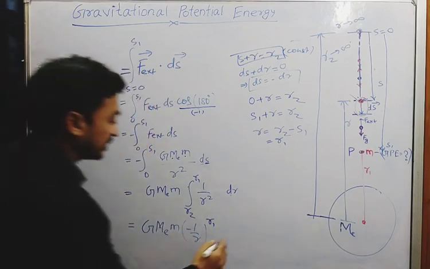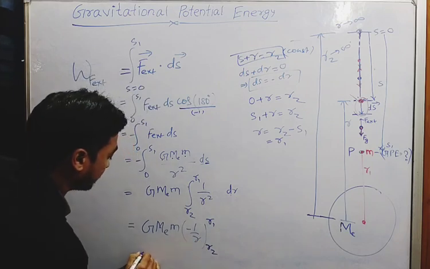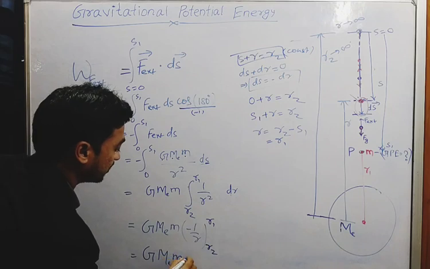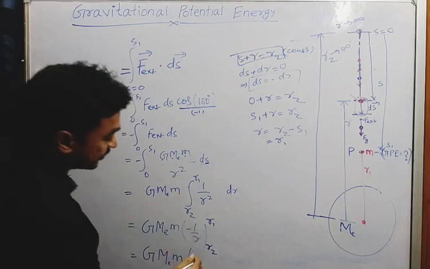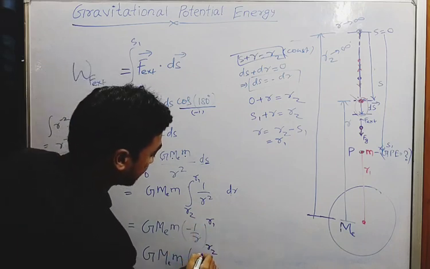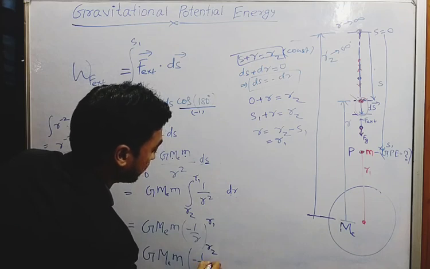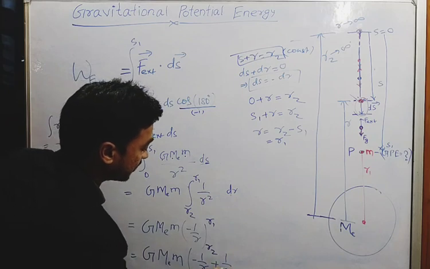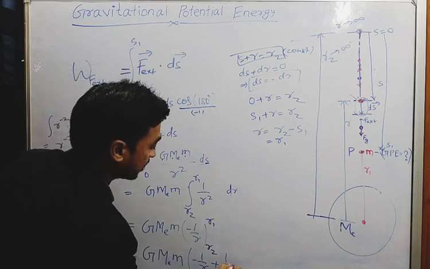Fine. This is equal to G mass of earth, mass of object, minus 1 by r1 plus 1 by r2.